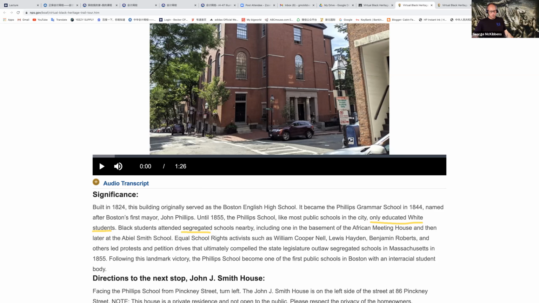Segregated. And then she used this word, protest and petition. What's a protest and a petition? They organize protest and petition. Well, what is it? What's a protest and what's a petition? Because these are vocabulary words.